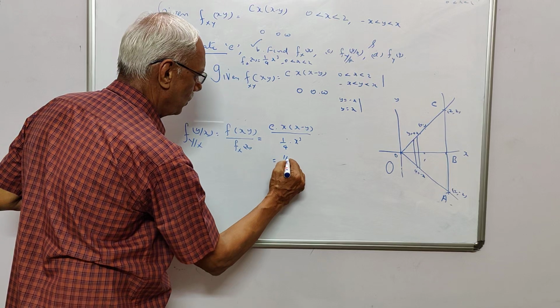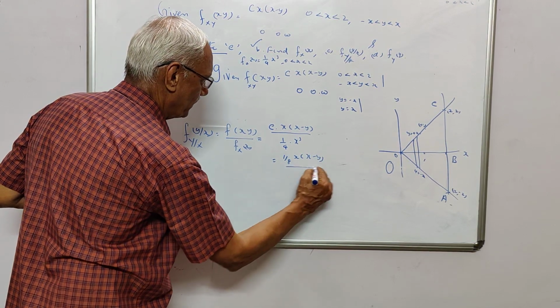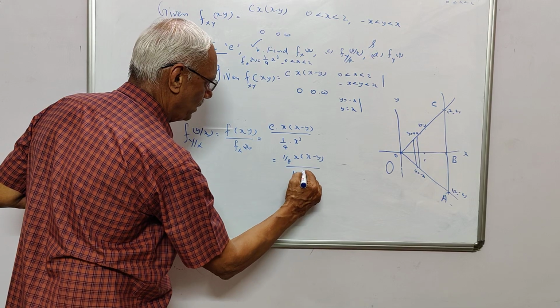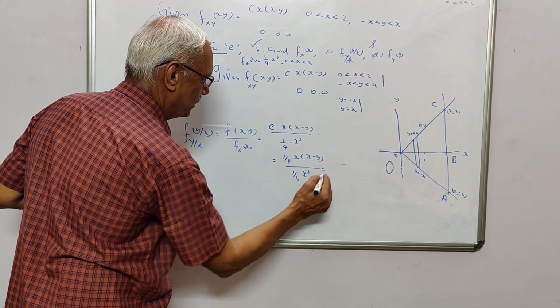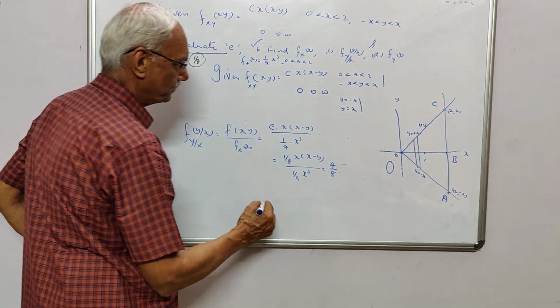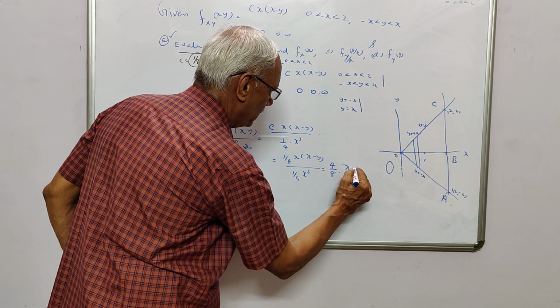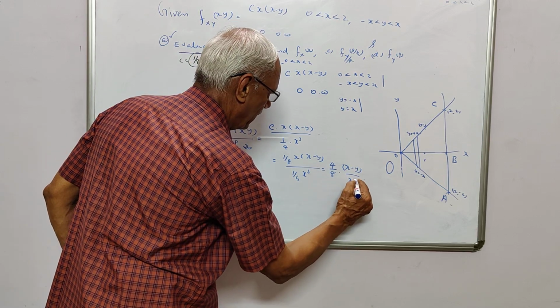So this is equal to 1 by 8 x into x minus y divided by 1 by 4 into x cubed. So this 4 will go to the top, 4 by 8, so x will go off. So it is x minus y by x squared.